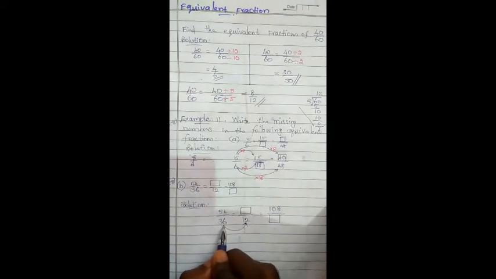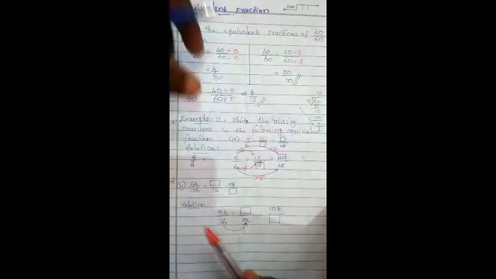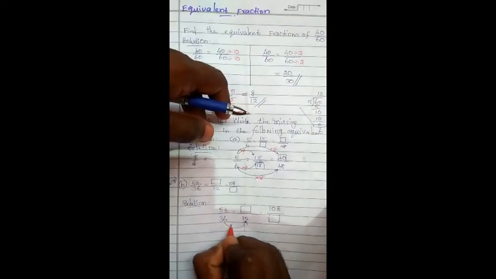If we multiply any number with 36, the answer will be a big number, right? The answer will be more than 36. So here we have 12, a very small number. So definitely by division, right? Definitely division.